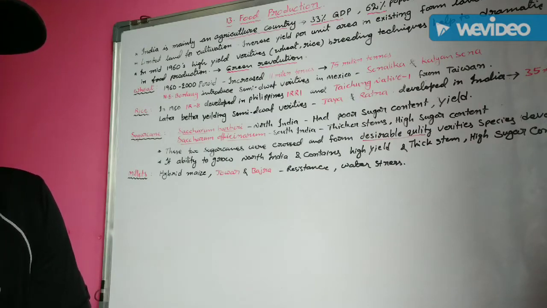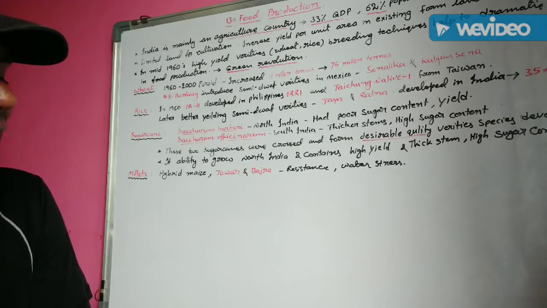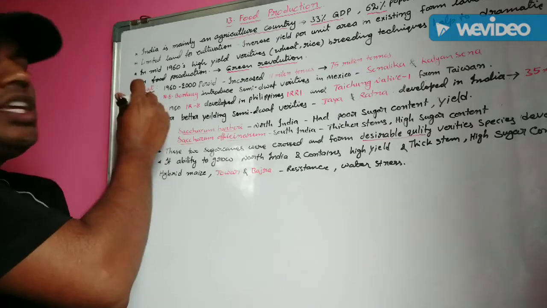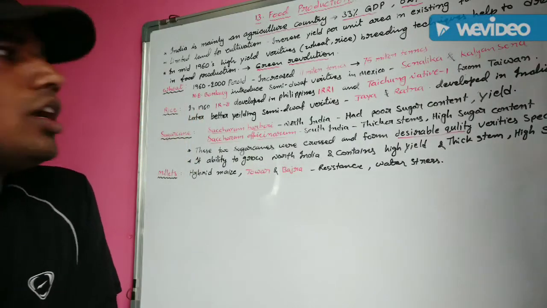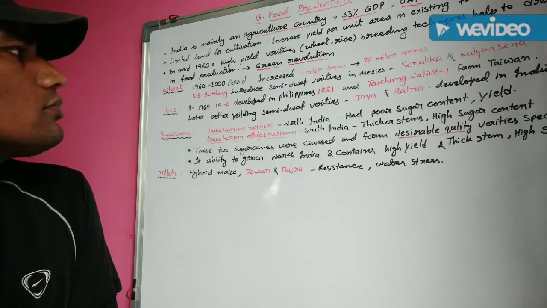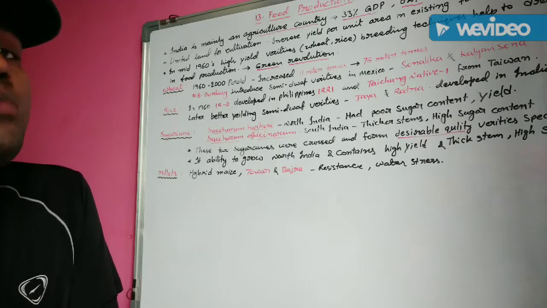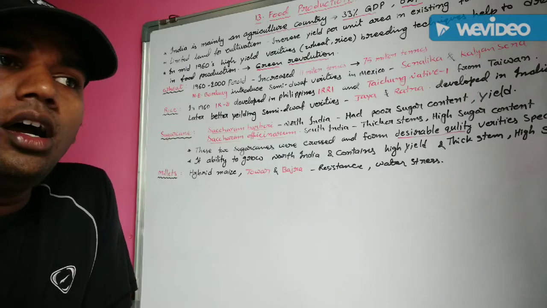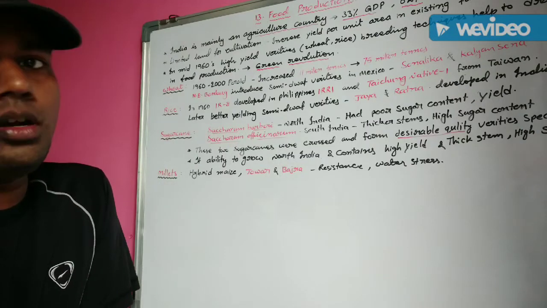Some crops are mainly helpful for high yielding varieties in agriculture. What are they? Suppose wheat. Look at this one, wheat. In the period 1960 to 2000, wheat production increased from 11 million tons to 75 million tons because of the introduction of new varieties in wheat crops.